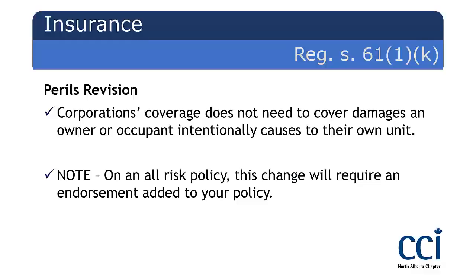must place insurance on. One of the changes that has occurred is Section 61 sub 1 sub K, whereby the corporation's insurance no longer needs to cover damages in a unit of an owner or occupant where the loss was intentionally caused by an owner or an occupant in that unit.